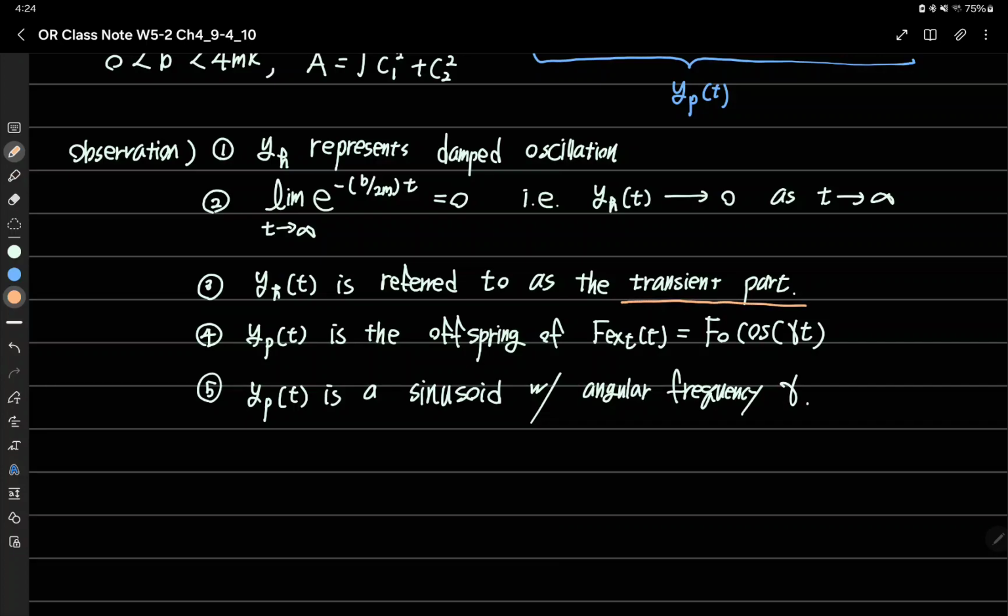And 6, the last one: as the transient part dies off, the motion YG, I mean the general solution, becomes essentially that of the second term YP. That term is called the steady state solution.